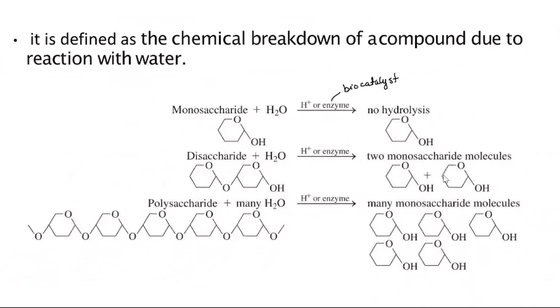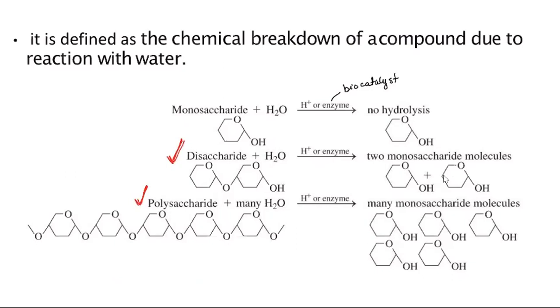When it comes to disaccharides and polysaccharides, understand that not every one of those types of carbohydrates can undergo hydrolysis. Out of these three types of carbohydrates, only disaccharides and polysaccharides can undergo hydrolysis.